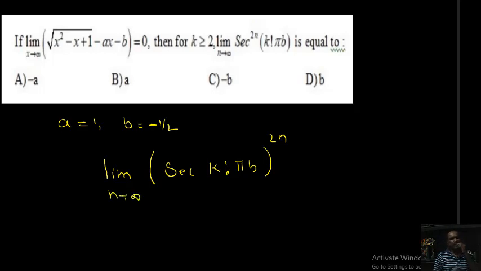Okay, what can I say? The limiting value of secant of k factorial pi into b, that means minus 1 by 2, power 2n, n tending to infinity.